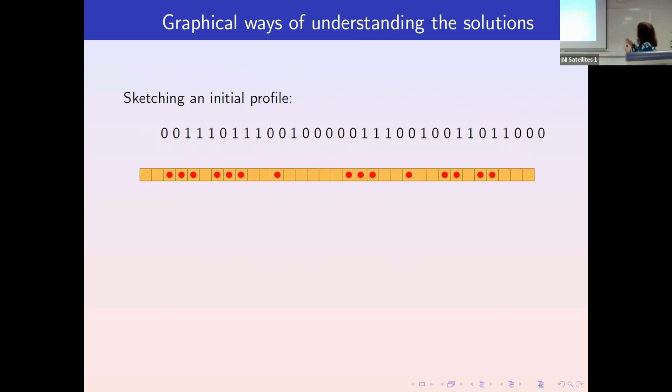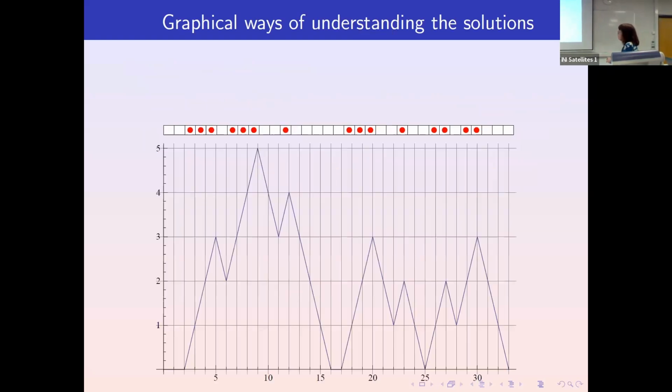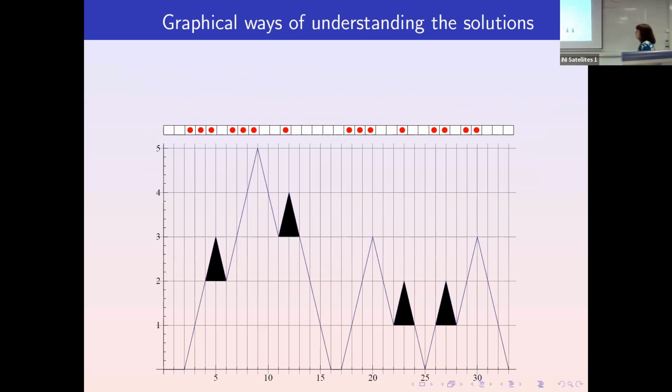Okay, so one other useful thing is to sketch a profile of these things, because this gives you an idea of what solitons you have. Every time I have a ball, I do a cumulative plot of going up 1, and when I have an empty box, I go down 1. I can quickly see what my soliton content is. I look for small peaks, and they're all the single solitons of speed 1.